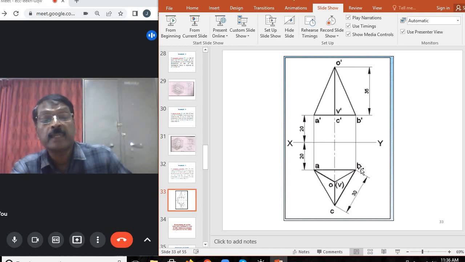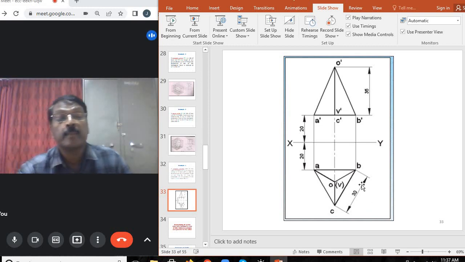Then with reference to AB complete triangle ABC. Then draw the intersection of the medians and locate the point O, that is the vertex. Now join vertex O with A, then B, then C. The triangle, the three slant edges and the vertex together give the top view of the given problem.